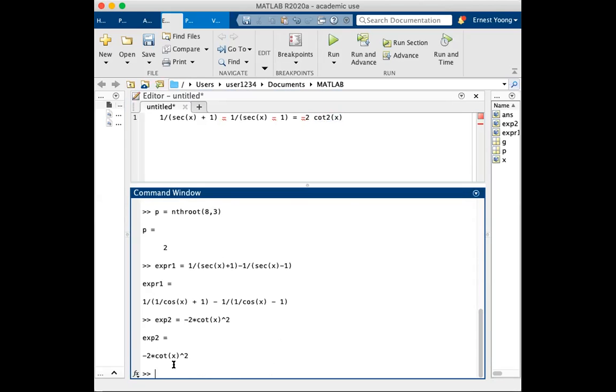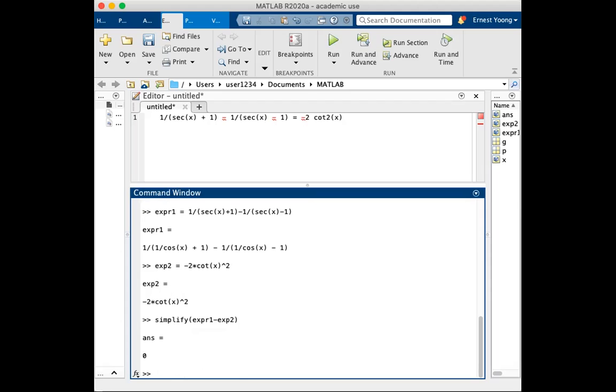Then to simplify, I take expression 1 minus expression 2. Then I should get 0. When it's 0, it means it's proven that this is correct.